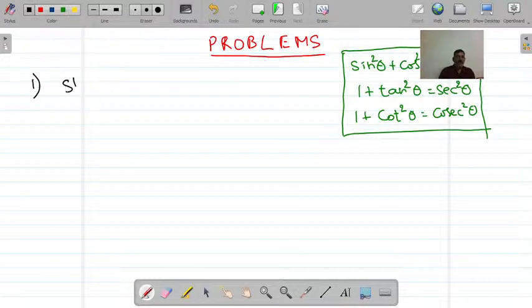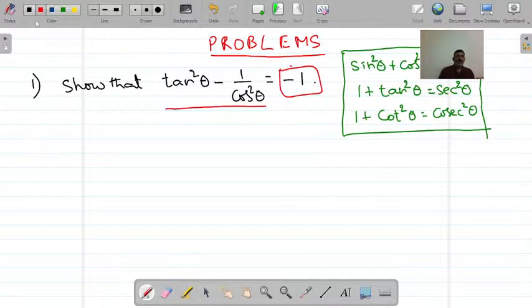Show that tan square theta minus 1 by cos square theta is equal to minus 1. Already earlier also we discussed LHS, right? First let us start with LHS. 1 by cos square theta, we know that 1 by cos square theta is 1 by cos theta whole square.